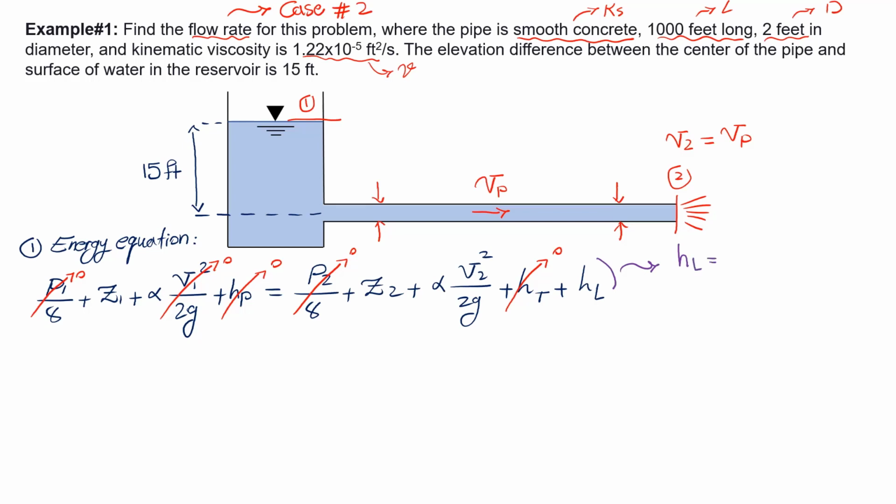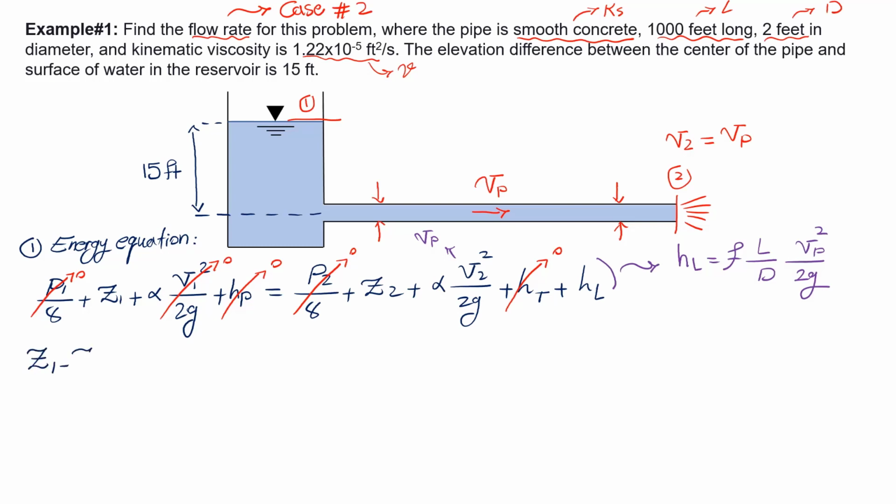HL would be equal to F L over D, velocity to the power 2 divided by 2G. All right, so in this, I'm going to call it velocity P, and also this is velocity sub P as well. All right, so let's reorganize this equation and rewrite it again.